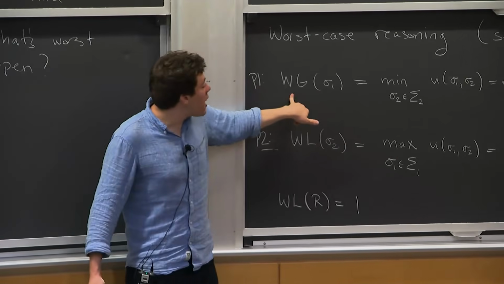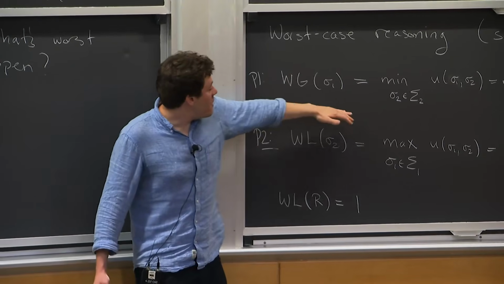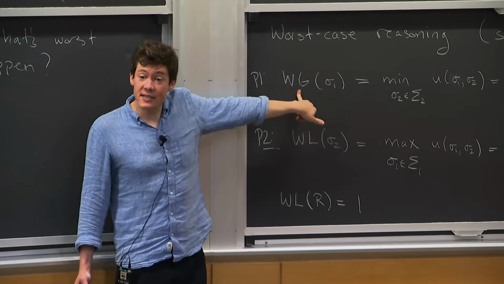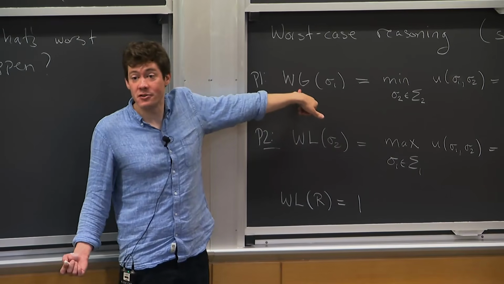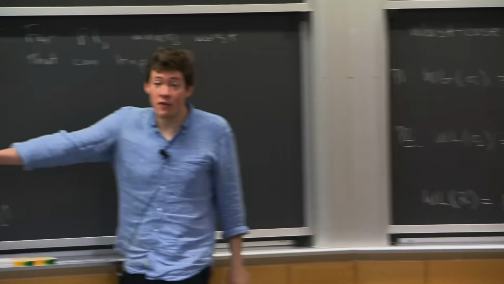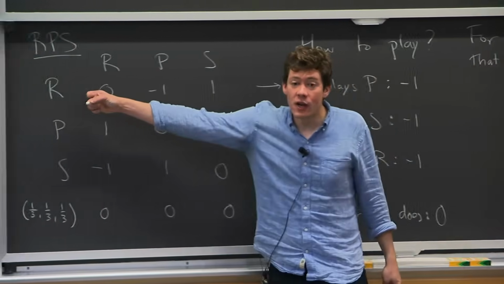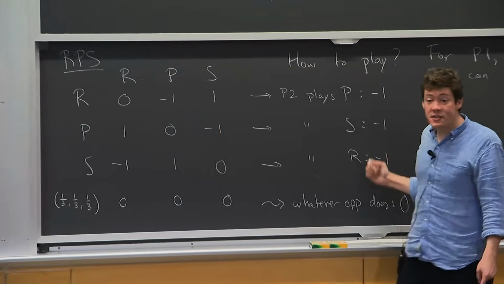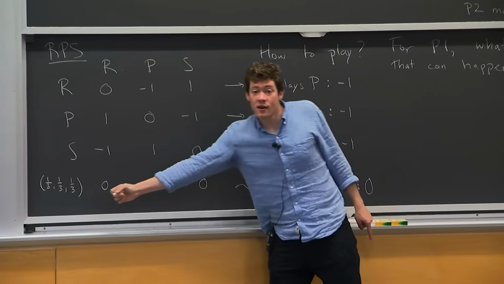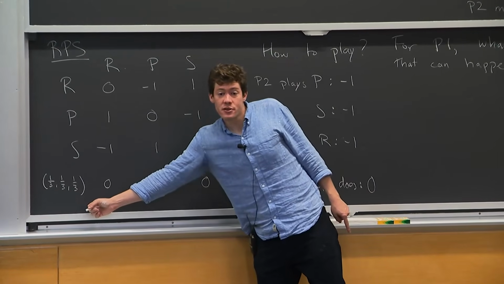On the other hand, it's not true that if I take a step back and look at the worst case gain, my best worst case gain can be achieved by a pure strategy. That's not true, and that's exactly what we saw over here. Because if I restricted myself to a pure strategy, then my worst case gain was always -1. And it was very important that we allowed myself to use mixed strategies.